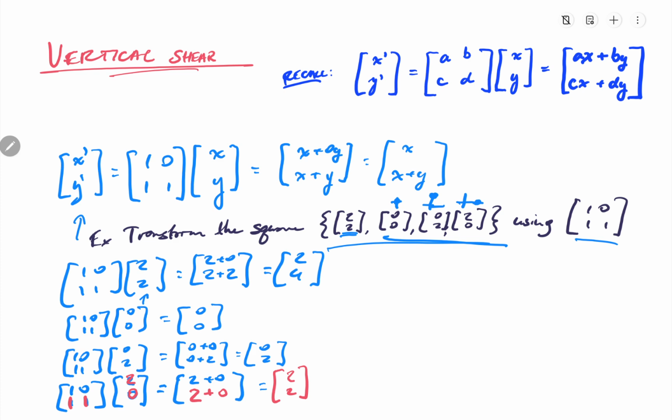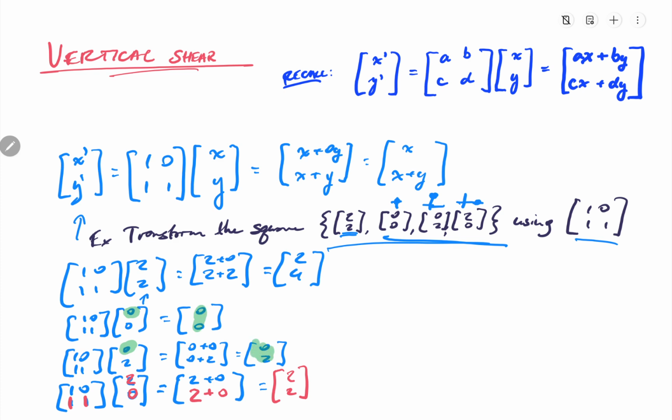Notice that if I had a point at a place where x equals 0, so it was on the y-axis, it did not move.